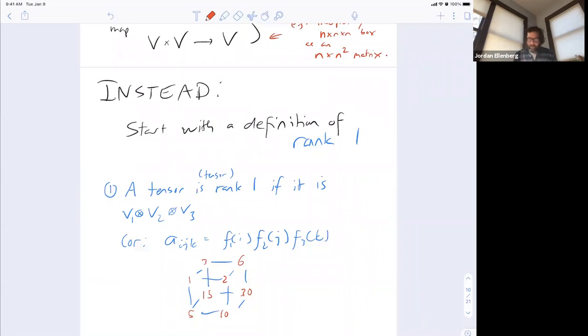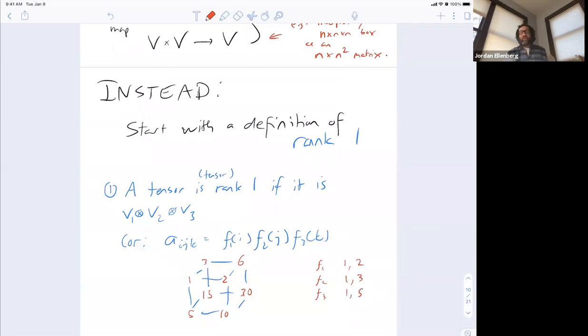In this case, the 3 functions would be, since i ranges from just 1 to 2, pretty simple functions, just 2 numbers. Here f1 would send 1 to 1 and 2 to 2. f2 would send 1 to 1 and 2 to 3, and f3 would send 1 to 1 and 2 to 5.